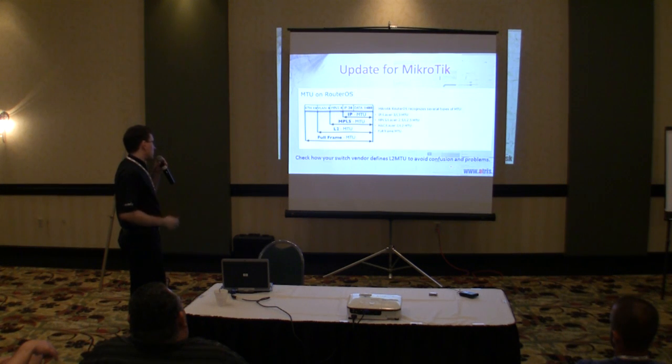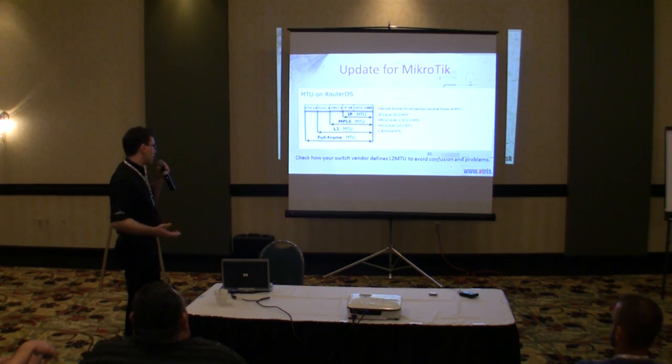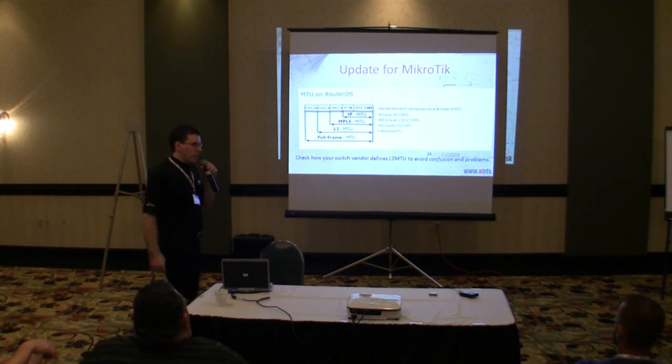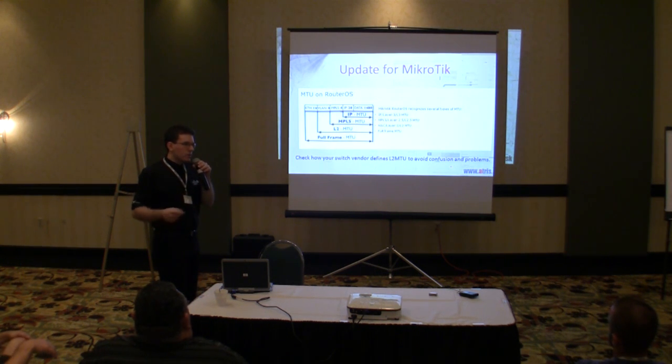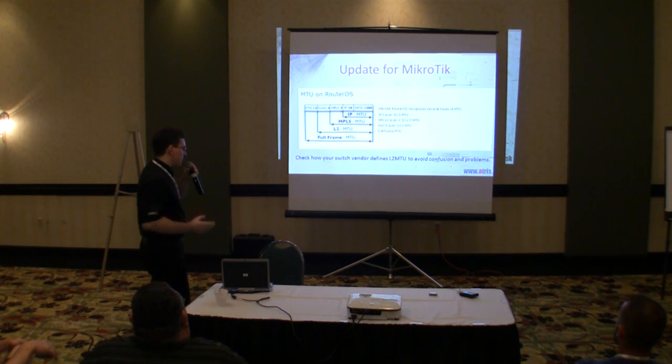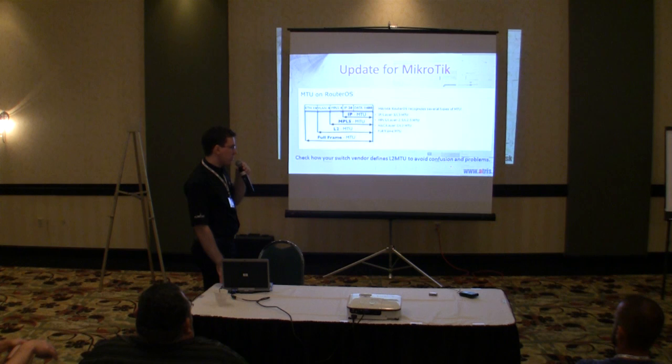Check your switches, check your other routers if you have anything other than MikroTik, and make sure how the MTUs are calculated. Because usually for switches, their L2 MTU value actually has the Ethernet header already calculated in. With MikroTik, it's without. So this is another consideration, just make sure you know exactly how it works, just to avoid further problems and confusion.